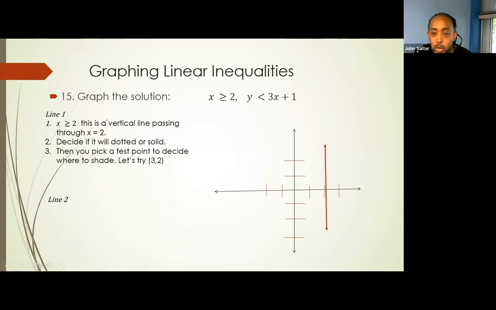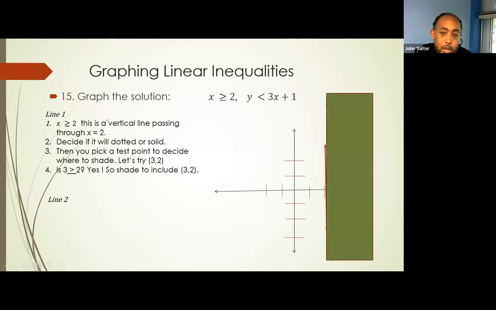Since it's equal, of course, it's going to be solid. But they said just go on and check and try. So I'm going to try something. Trying (3, 2). Is 3 bigger than 2? Yes, so I'm going to include it. I plugged the point in for x to see if this was valid, and that's what I got here. Getting everything to the right.